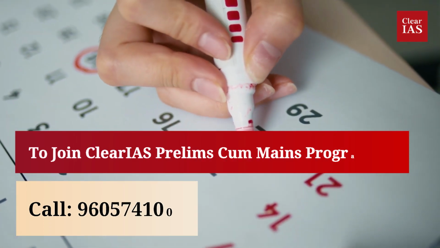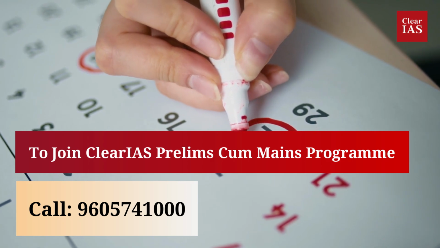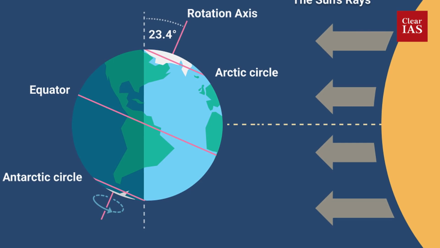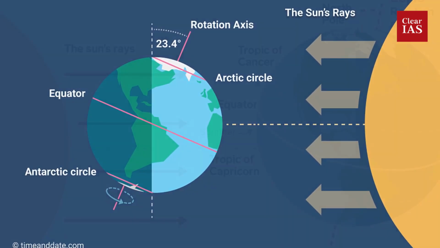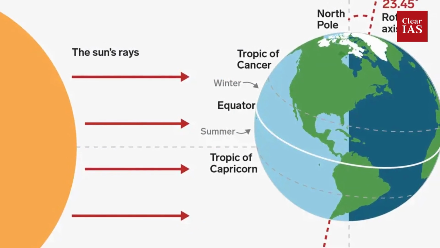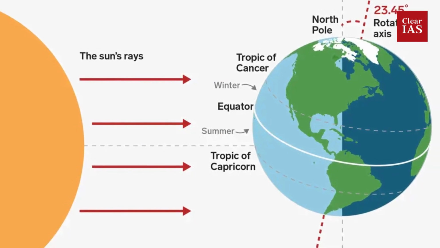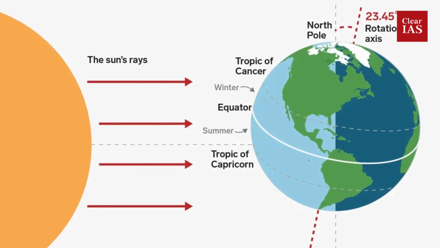The solar declination at the June solstice, which is observed between June 20 and 22, is around 23.5 degrees north, the Tropic of Cancer. The solar declination is around 23.5 degrees south, the Tropic of Capricorn, during the December solstice, which is observed between December 20 and 23.